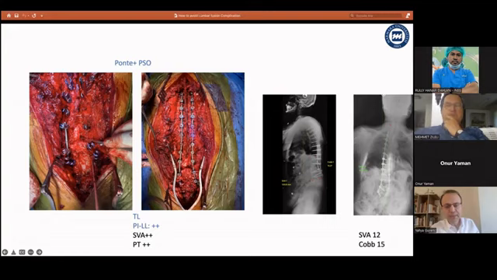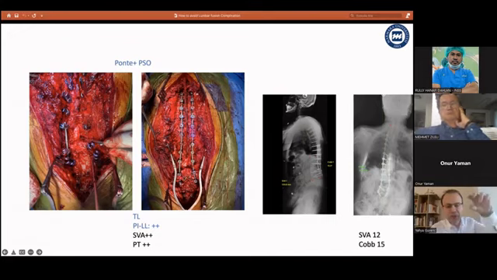So we stopped here, we pulled out all of the screws and we put new screws in here, but there is a very big hole here. We put in autograft and there is again a big hole here, the old screw area.